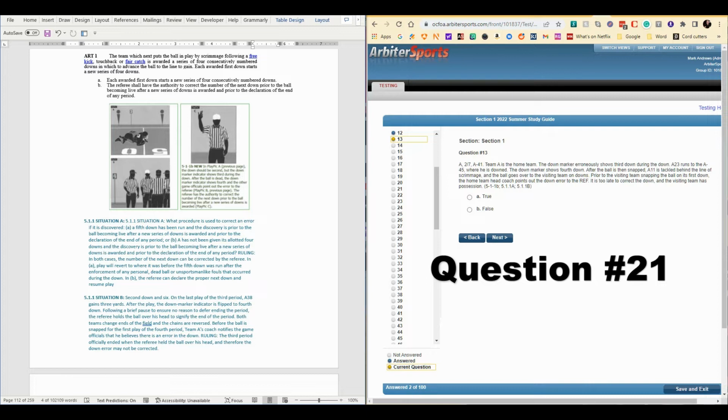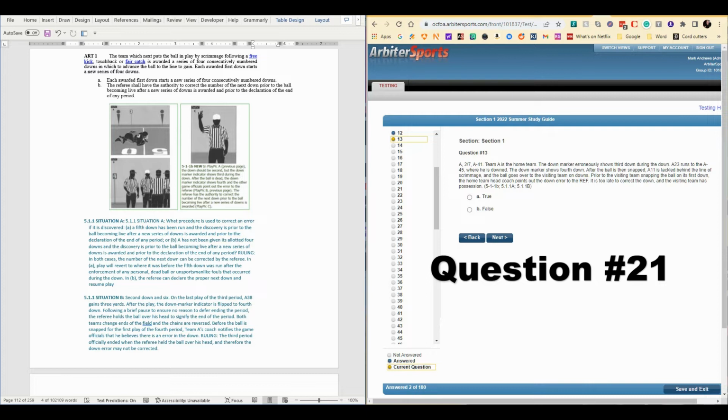After the ball has been snapped, A11 is tackled behind the line of scrimmage, and the ball goes over to the visiting team on downs. Prior to the visiting team snapping the ball on its 1st down, the home team head coach points out the down error to the referee. It is too late to correct the down, and the visiting team has possession.